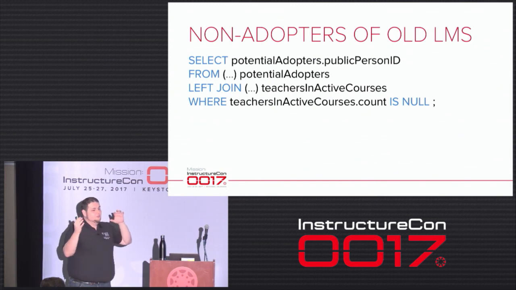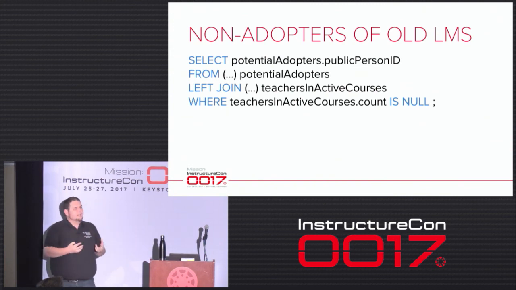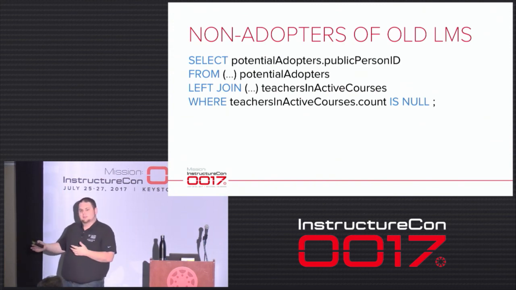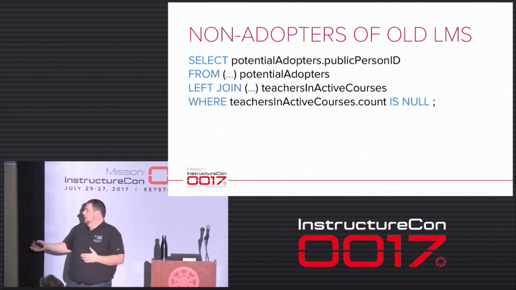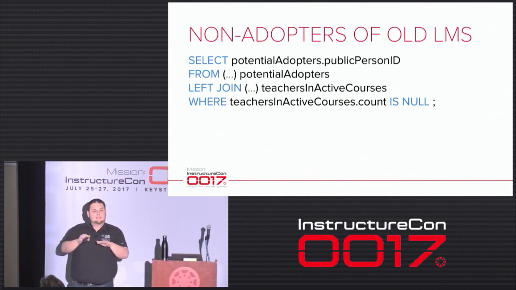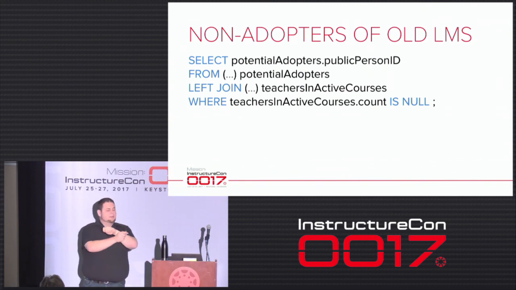So those last 2 queries go into one final query where we find all the people who could have but did not adopt Blackboard in the relevant years. I just group by that same ID that's used by all of our systems that's in our Canvas integration ID field so that I can use it in another query.